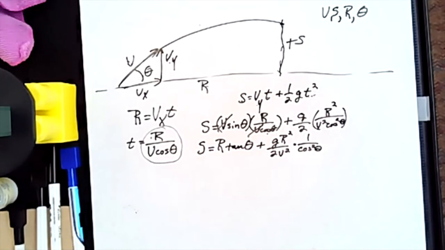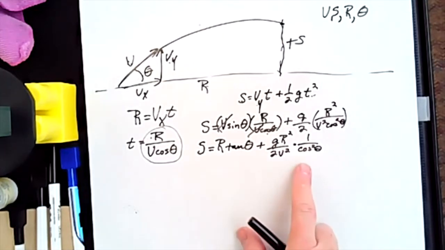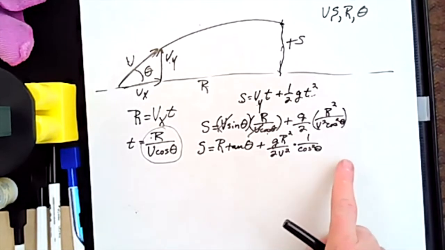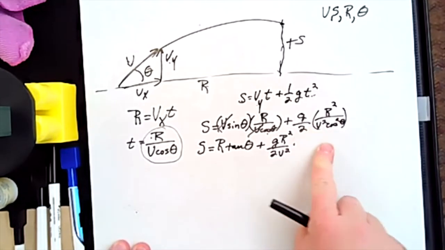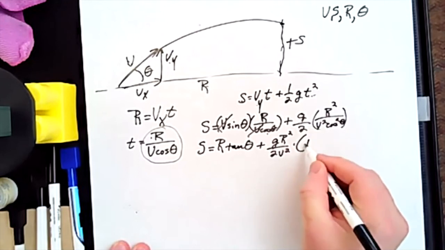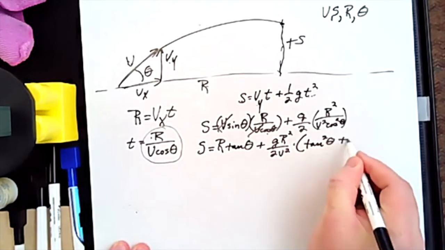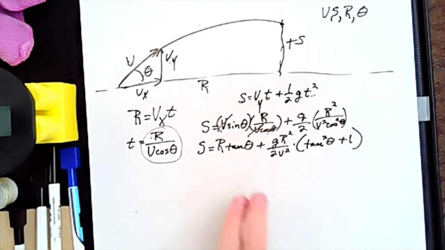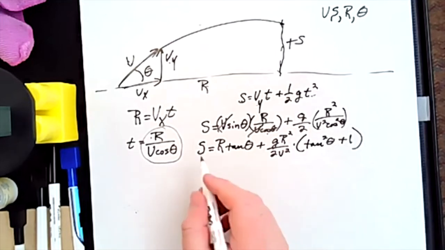It's tangent squared theta plus 1, and that's what we're going to use, and you're not going to be tested on that part. So instead of that, I'm going to put in tangent squared theta plus 1. See, I want all my trig identities to be the same thing, and here they're all going to be tangent thetas, right?